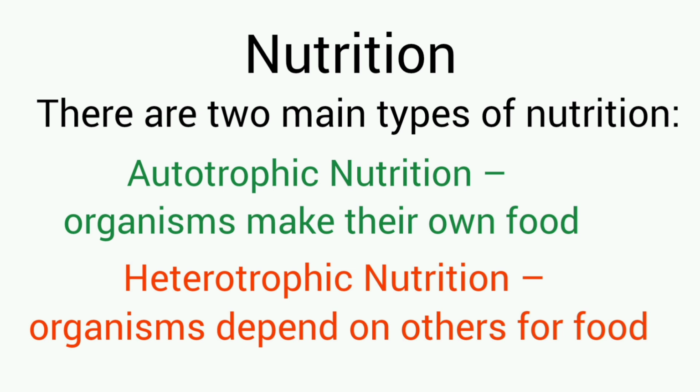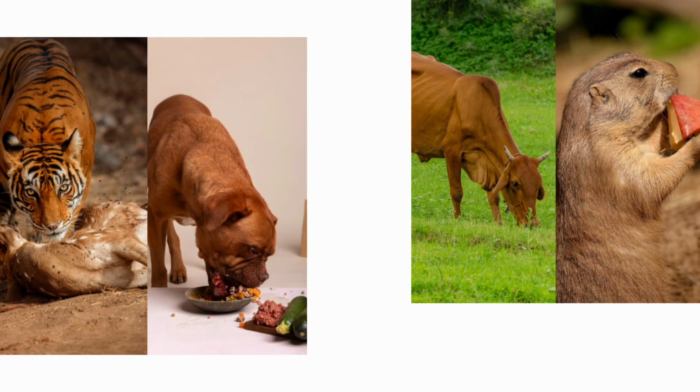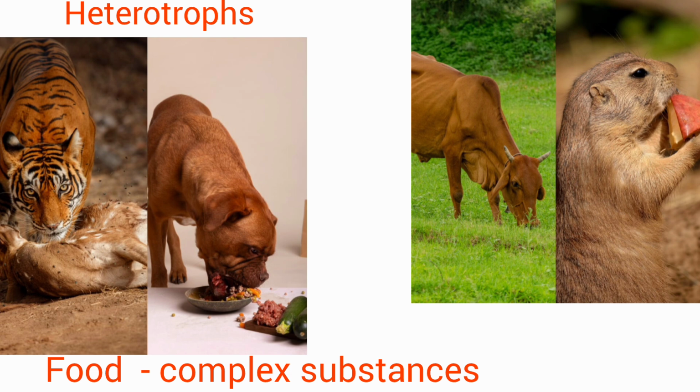So the two important types of nutrition, based on the way in which organisms get their food, are autotrophic nutrition and heterotrophic nutrition. The food taken in by heterotrophs is usually made up of complex substances, and these complex substances must be broken down into simpler forms before the body can use them.